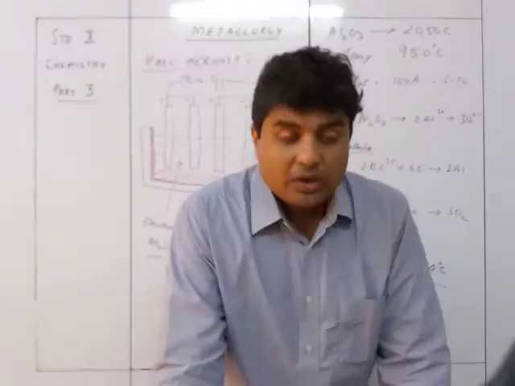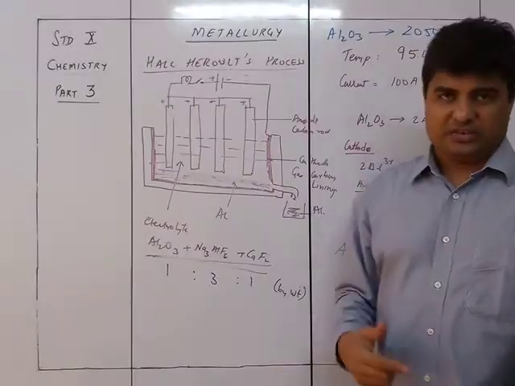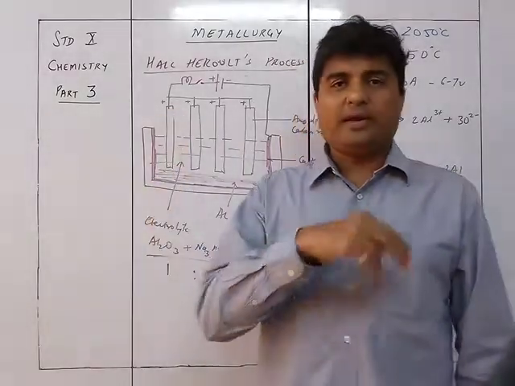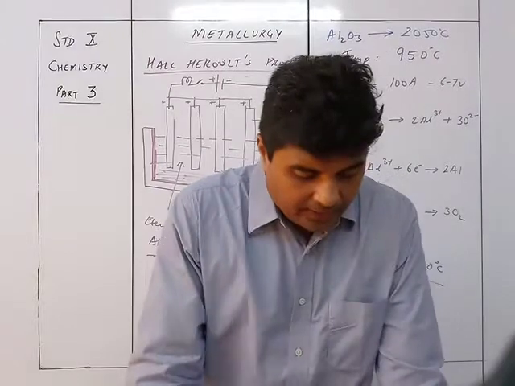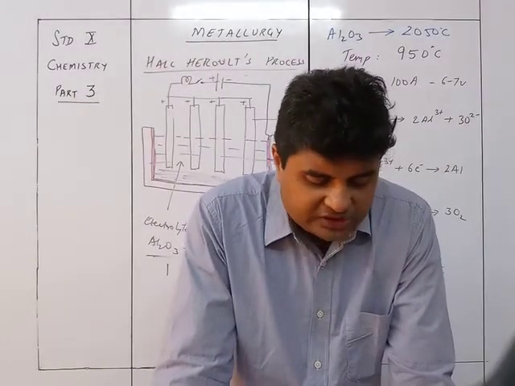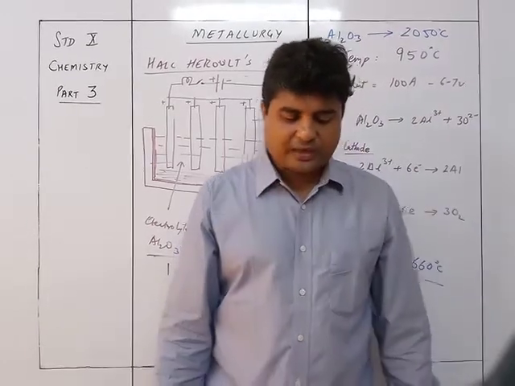The next point is that the anode needs to be continuously replaced. Time and again, this anode is going to get washed out and needs to be replaced. Why is that so? The graphite anodes are continuously replaced during the electrolysis. The oxygen evolved at the anode escapes as a gas and reacts with the carbon anode.